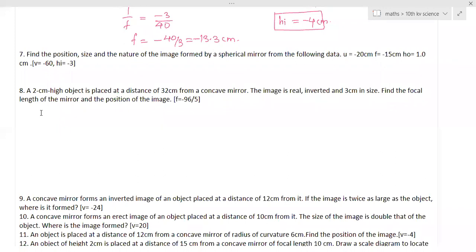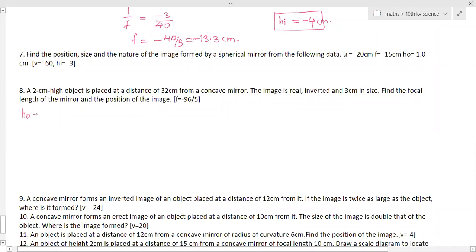Adrika, 8th question now. Ma'am, height of the object is 2 centimeter. Okay. Height of object, symbol and sign, both you have to tell.